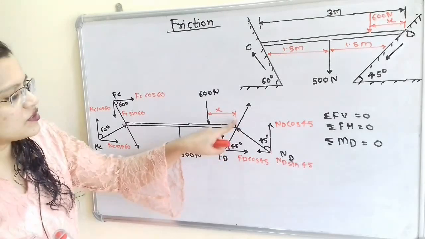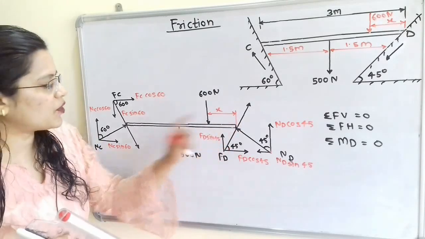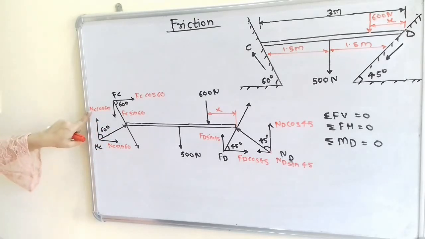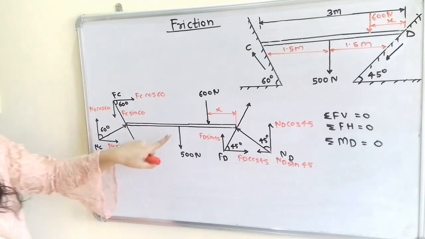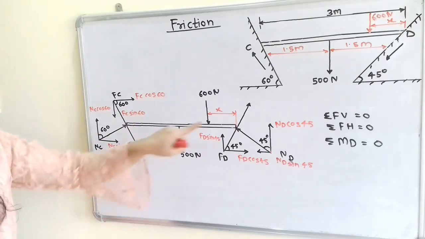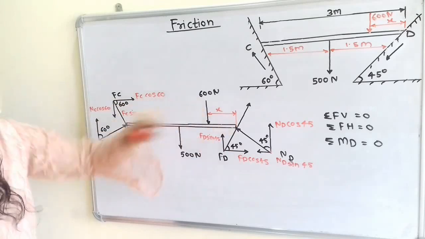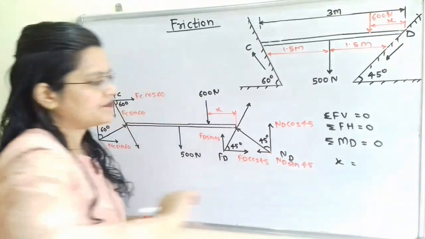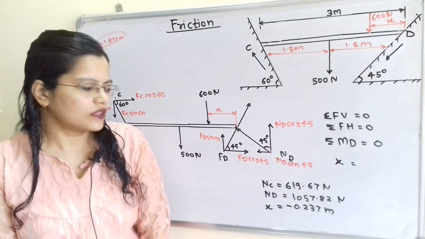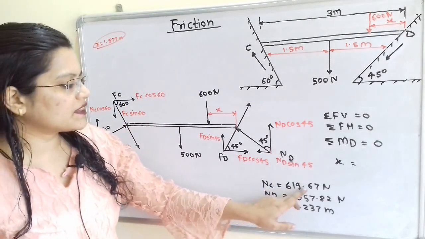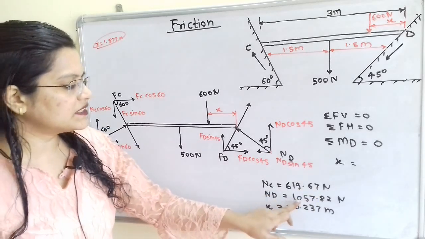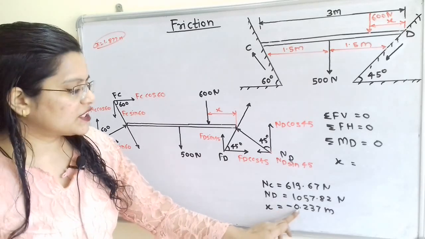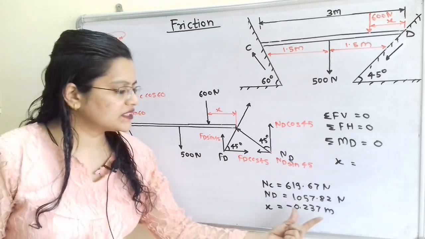When we take the summation about point D, we have to use only these vertical forces, that is NC cos 60, FC sin 60, then 500 and then this 600, and take the moment about point D. Then we have to find the value of X. When we solve, we get NC is equal to 619.67 Newton, ND 1057.82 Newton, and the value of X is minus 0.237 meter.